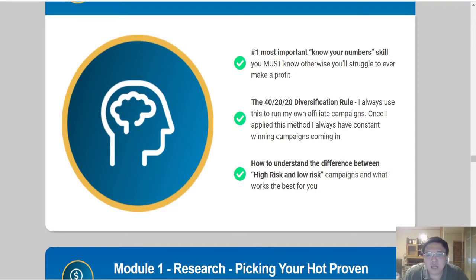Next will be the 40-20-20 diversification rule, whereby he personally used to run his own affiliate campaigns. And once he applied this method, he has consistent winning campaigns coming in. All right. Next, how to understand the difference between high risk versus low risk campaigns and what works best for you.